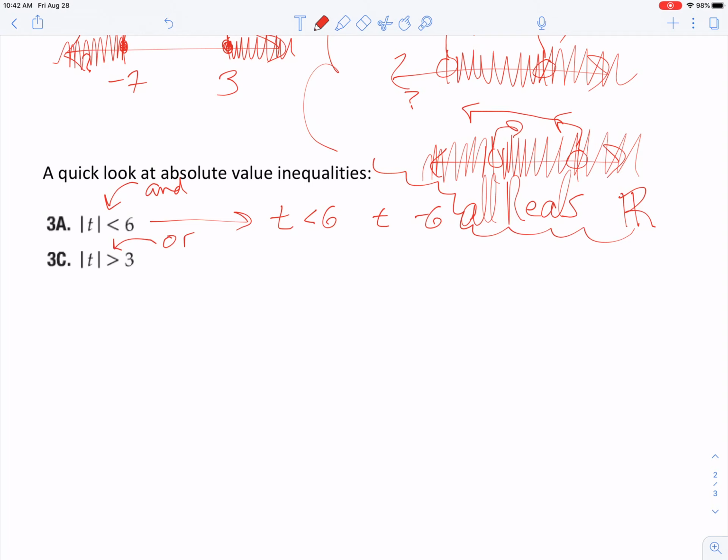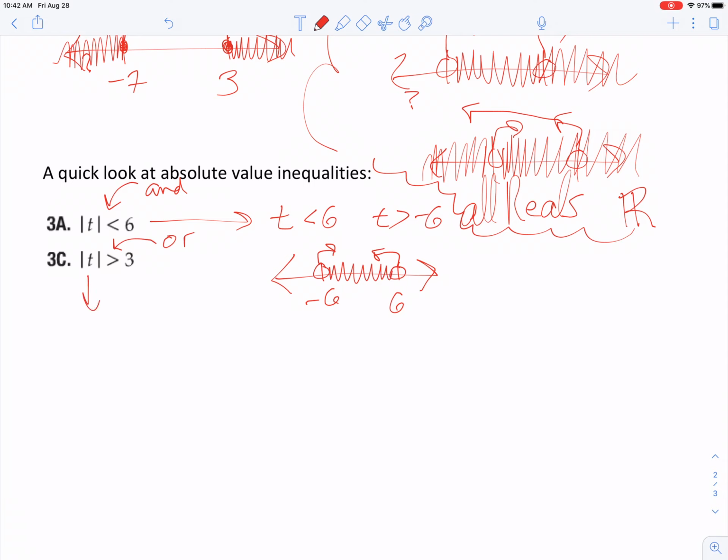What you should also know with inequalities is I'm also going to switch the sign. So now I have -6 and 6. And it's going to shade in the middle.